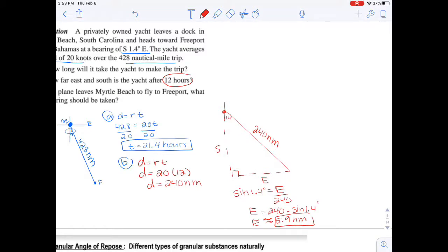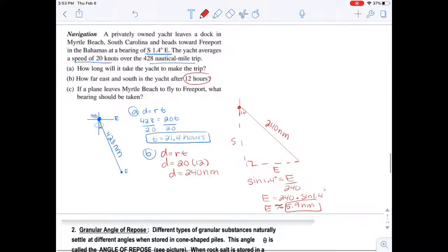So you are about 5.9 nautical miles east. And then to find south, I'm going to use cosine because that's adjacent. So we're going to say cosine of 1.4 degrees equals S over 240. So S equals 240 times the cosine of 1.4 degrees. So S is going to be approximately 239.9 nautical miles.